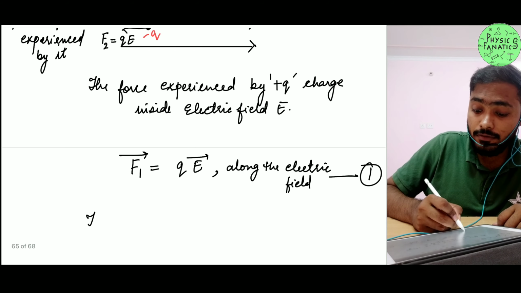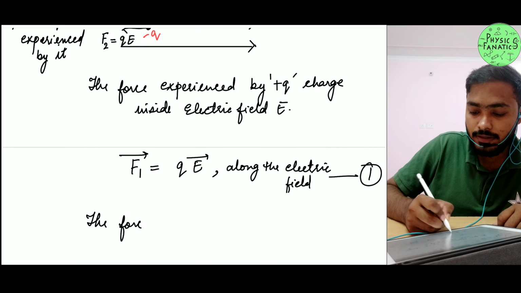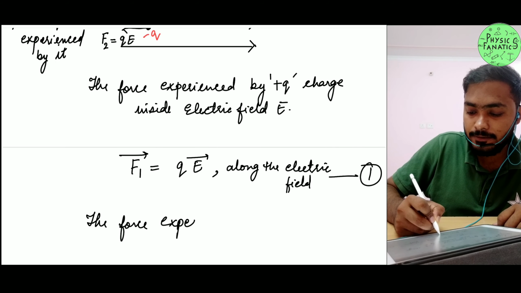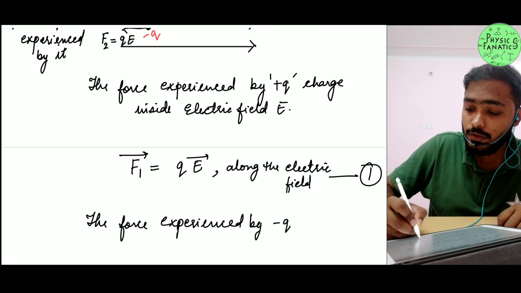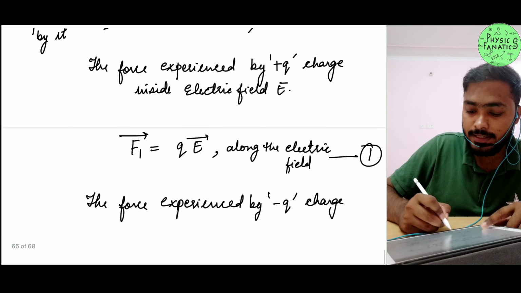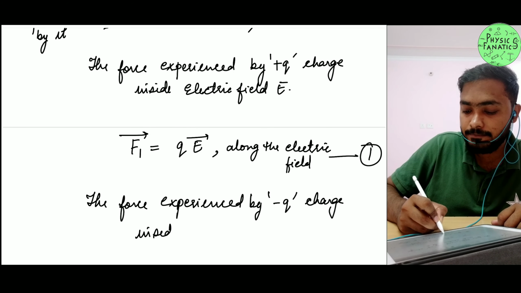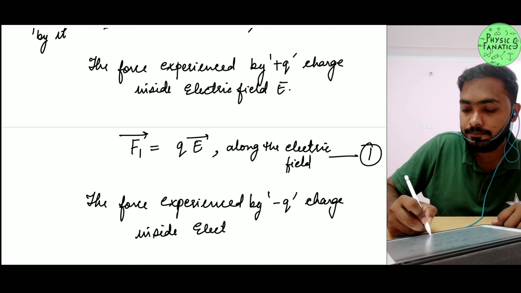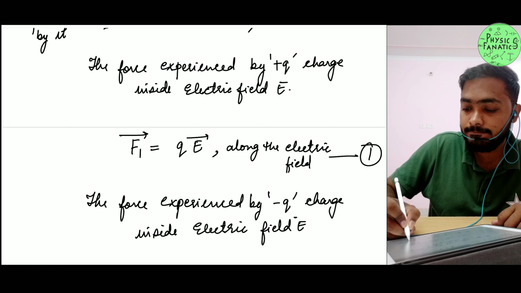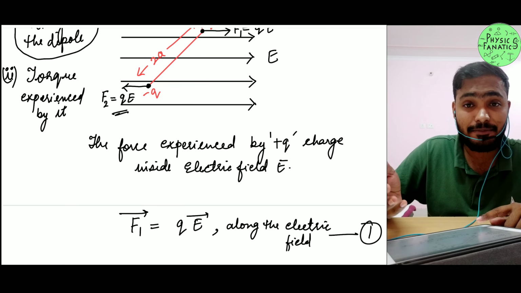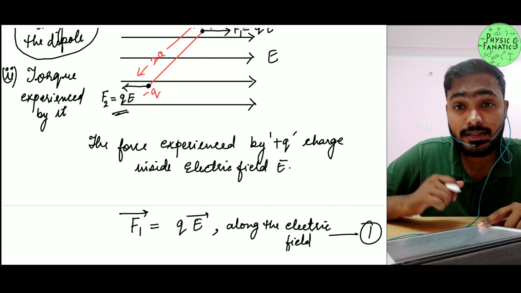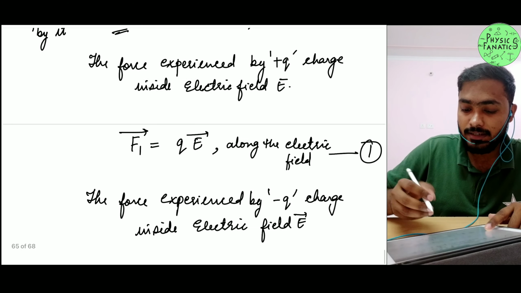The force experienced by minus q charge inside electric field E. Again, you can see the force magnitude is the same, the only difference this time is the direction. So I can write it here.